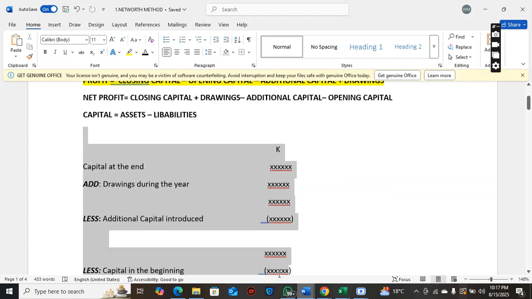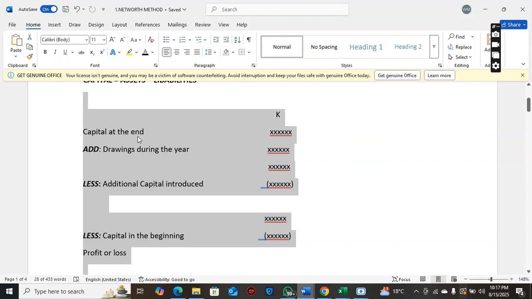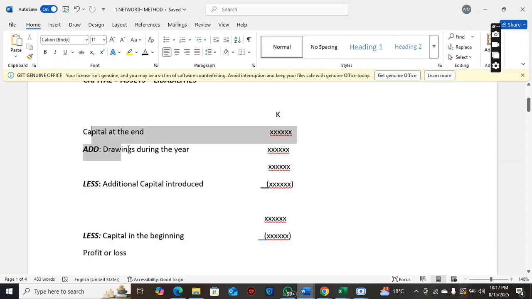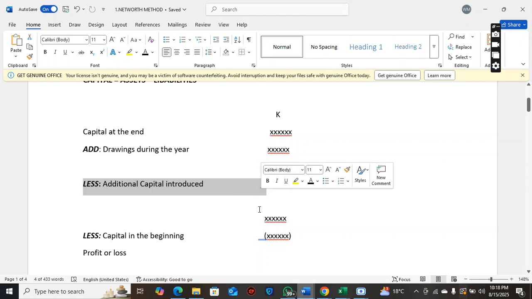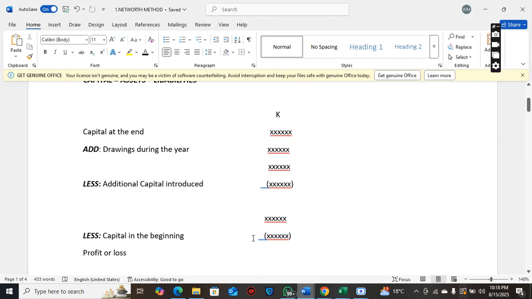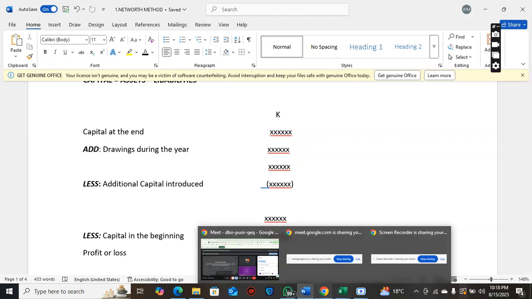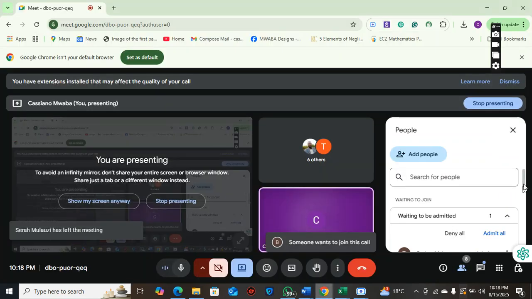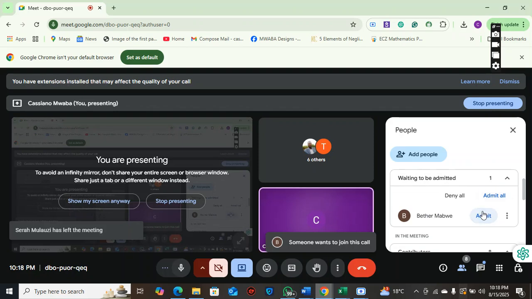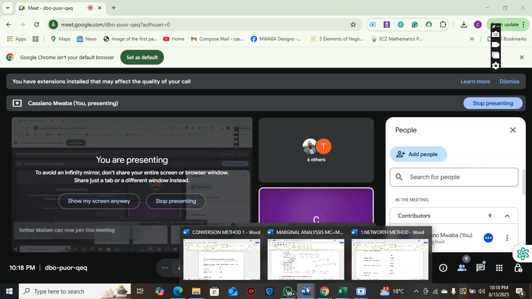Have you seen here? Closing capital at the end, which is your closing capital. Add the drawings, deduct any additional capital, and capital at the beginning, and you get your profit.